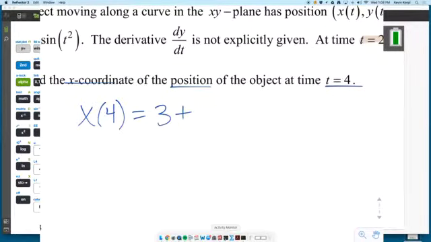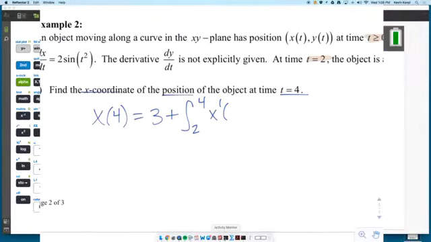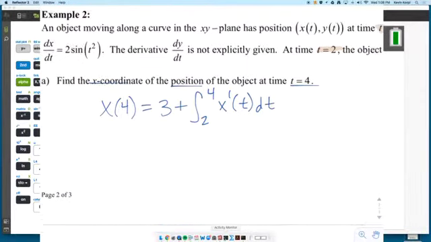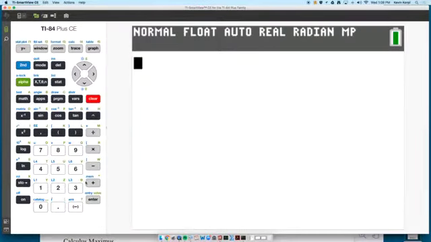plus the integral from 2 to 4 of x prime of t dt. And now I can just type it in. So here we go. 3 plus, math 9, 2 to 4.